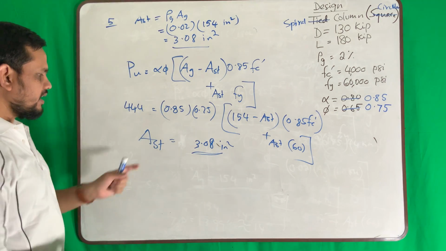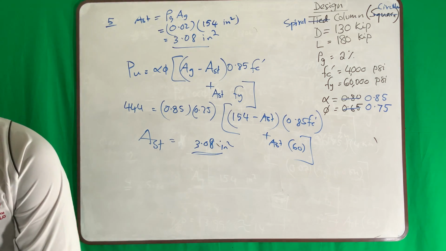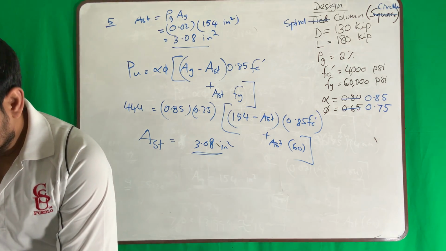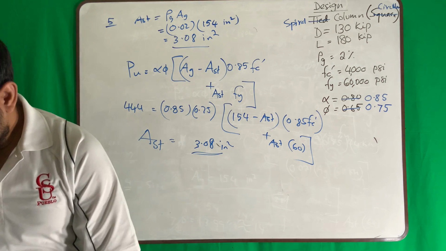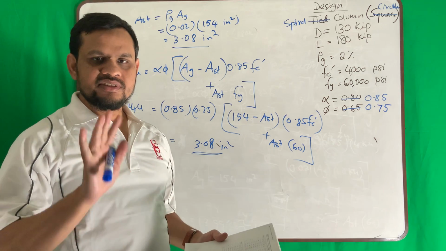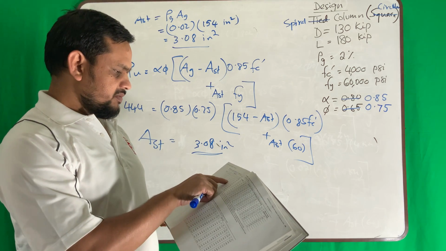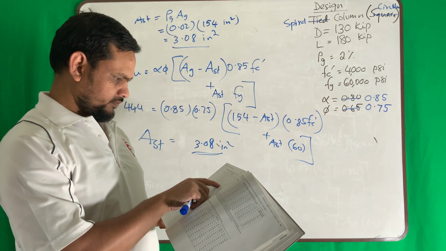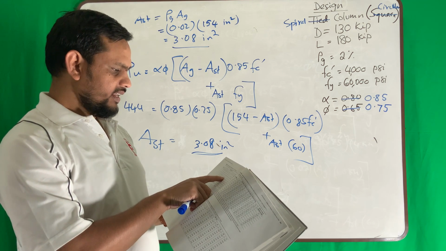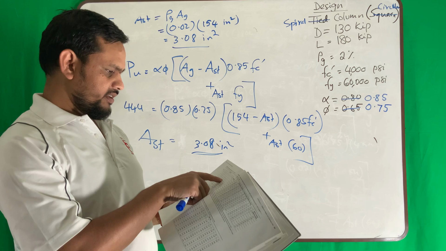Then we will choose a bar. So 3.08, if I go to table appendix A4, 3.04, and for spiral circular we need minimum 6 bars. Okay, 6 bars, 3.04 is 6 number 7.